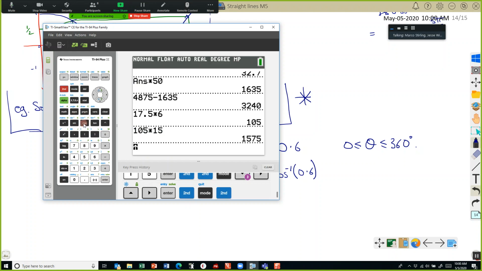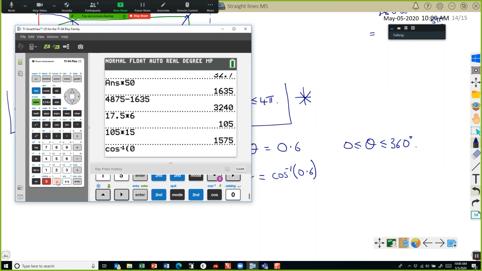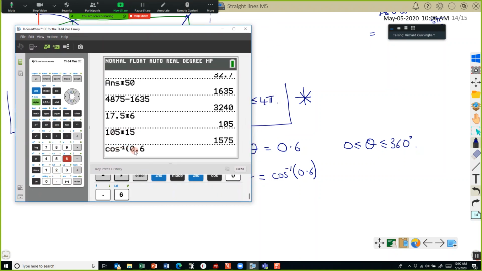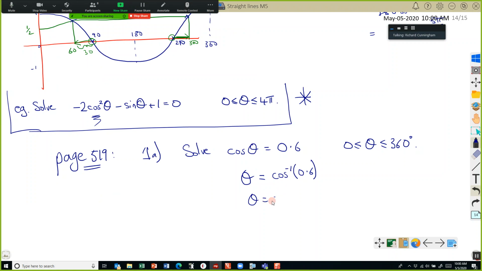So I've got inverse cos of 0.6, and that gives me an answer of 53.1 degrees, and we want it to one decimal place, so 53.1 degrees. And obviously we need to check whether there are other answers.